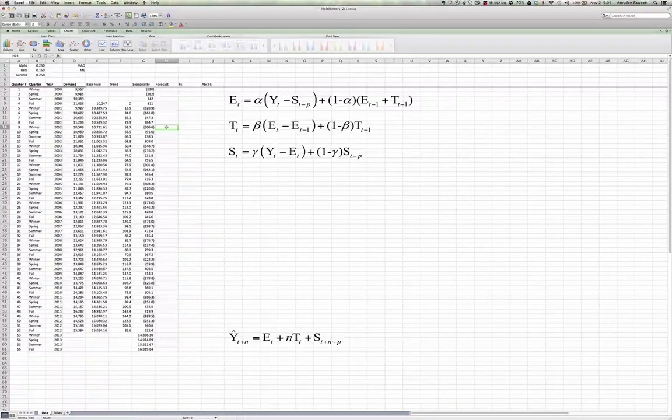So if I was in the winter of 2002, then my forecast would have been the most recent base level estimate, which was that of fall of 2001, and I would have added to it the most recent trend component, and the most relevant seasonal factor, which would have been that of winter of 2001. So you see, I would have at that point in time calculated an out-of-sample forecast of 9,938. And of course, I can do the same for the remainder of my data set.